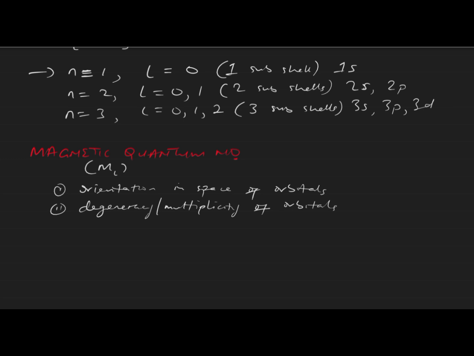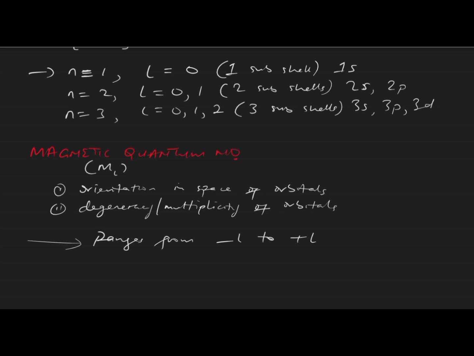Now, you have to understand that the values of the magnetic quantum number m_l range from minus l to plus l. So which means we can directly determine the magnetic quantum number from the value of the azimuthal quantum number.